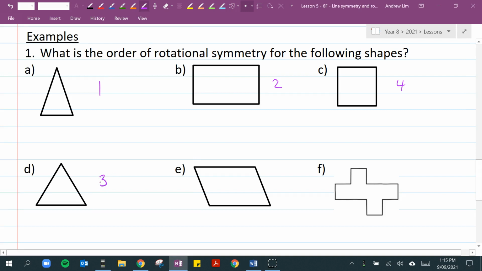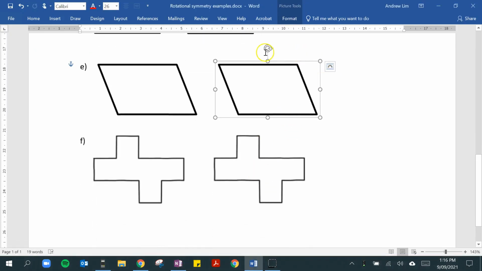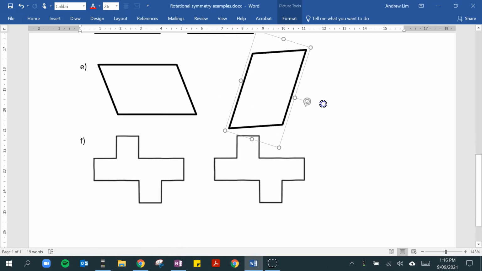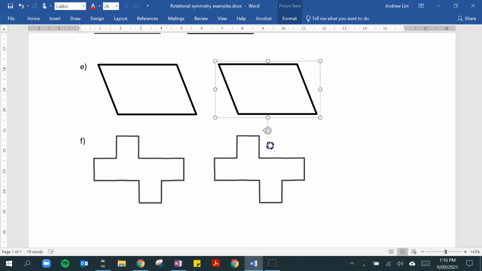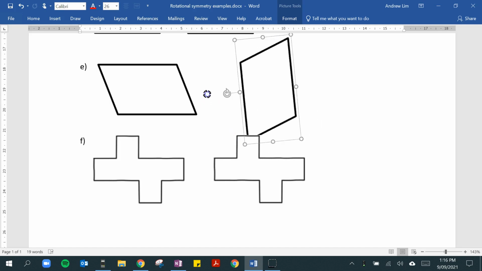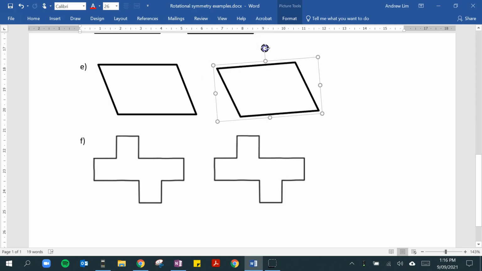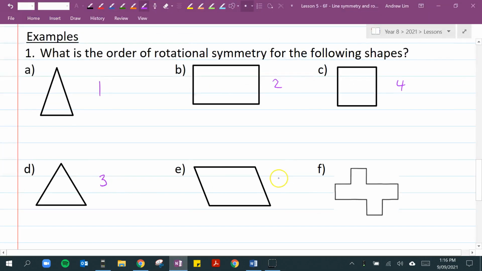What about question E, this parallelogram? Different. Same. That's 1. Different. And then the same. That's twice. 2.